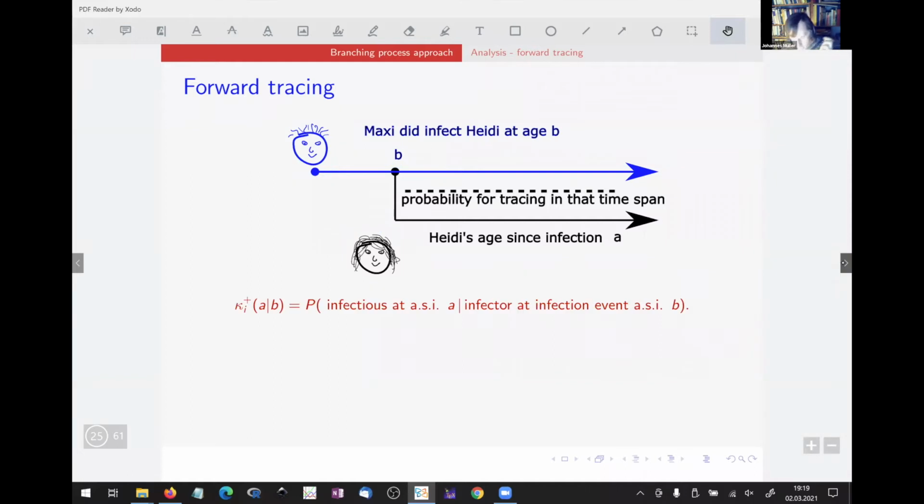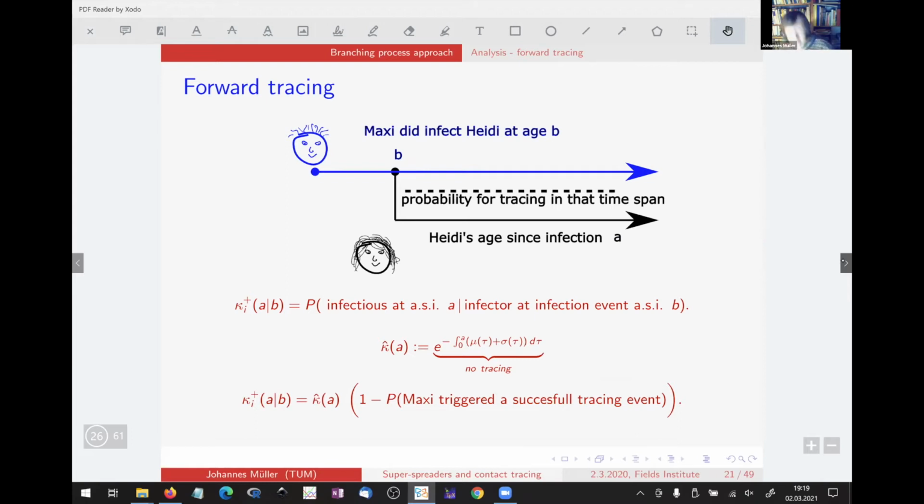So we introduce kappa I plus A given B as the probability for Heidi to be infectious at age since infection A, if her infector Maxi had age since infection B when he infected her. That's a condition we set.